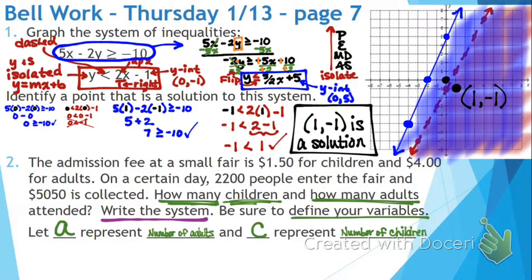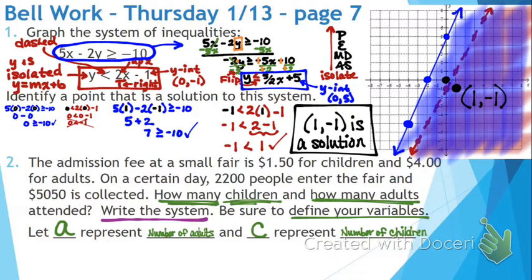Are there totals? Because if there's totals, I'm going to write the equations one way. If there's not totals, do I have a starting or initial amount and a rate? Because then I'm going to write those equations a different way. Read through this and tell me, do you see any totals?